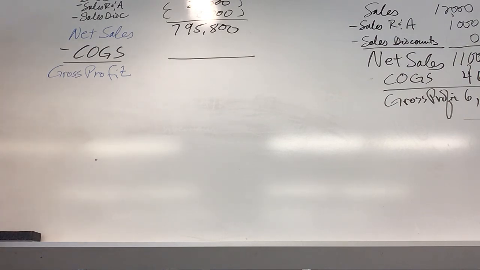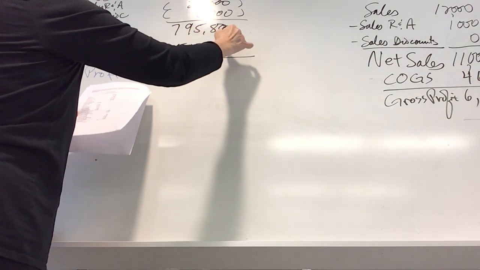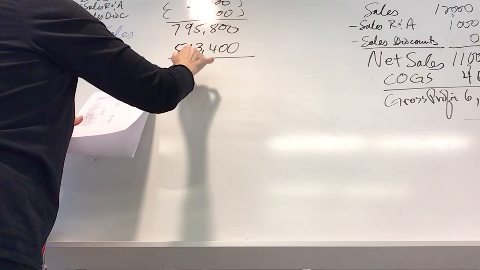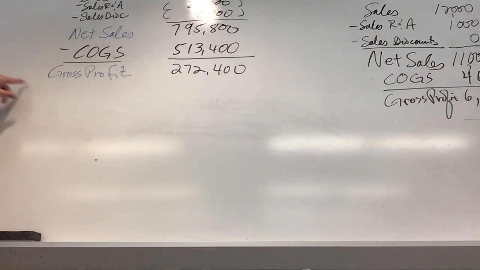So you're going to look on the list. Cost of goods sold on the list is 513,400. So gross profit is 272,400. Okay, so this company doesn't have as good a gross profit as that one, but you know, it depends on what they're selling. You're not going to have a huge markup on cereal, as you might on shoes or jewelry or something, right? So maybe this is still a good gross profit.